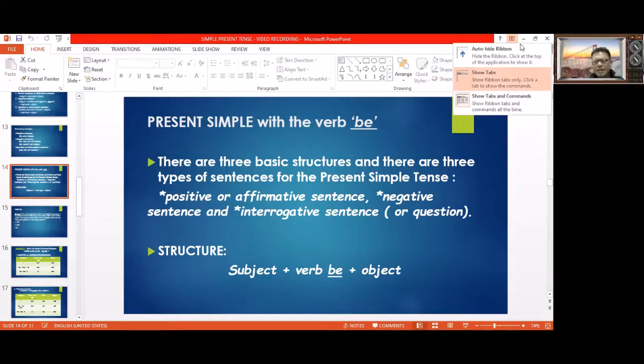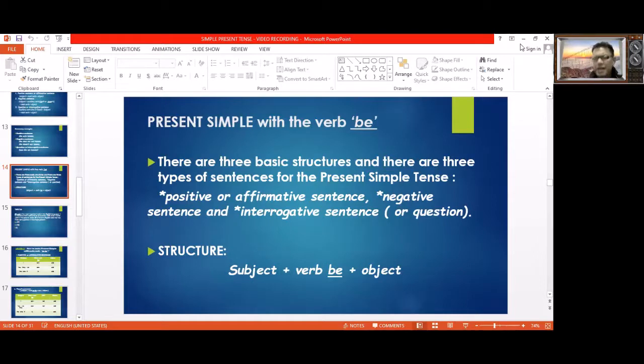So what is this verb be? Verb be, again, these are the ones I mentioned last time: am, is, and are. There are only three of these. Again, there are three basic structures, and three types of sentences for the present simple tense using the verb be.